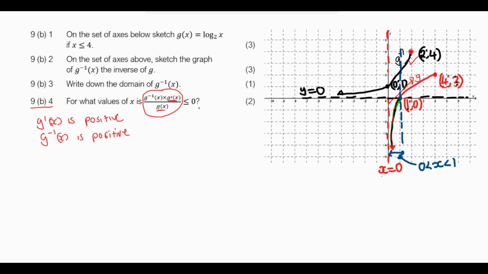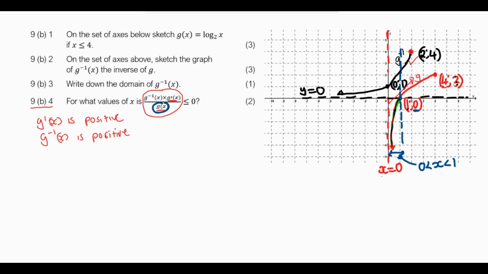So we have to be careful. It said less than or equal to 0, but we have an issue here. G of x cannot be equal to 0, because if g of x is 0, then this whole thing becomes undefined.